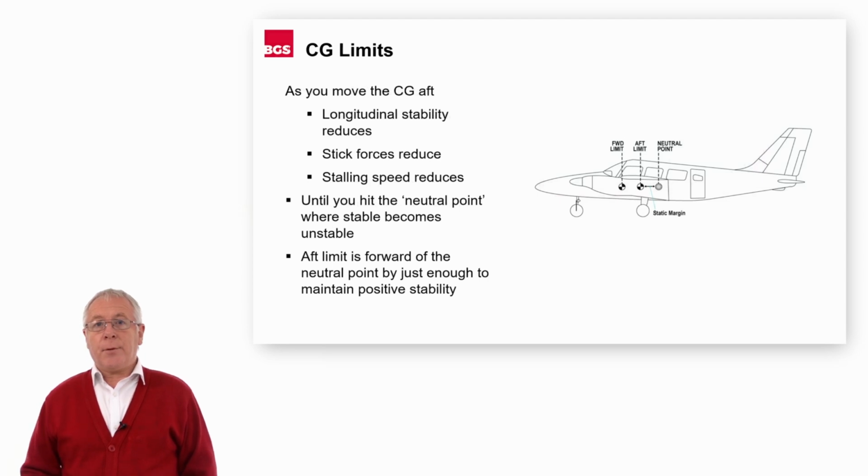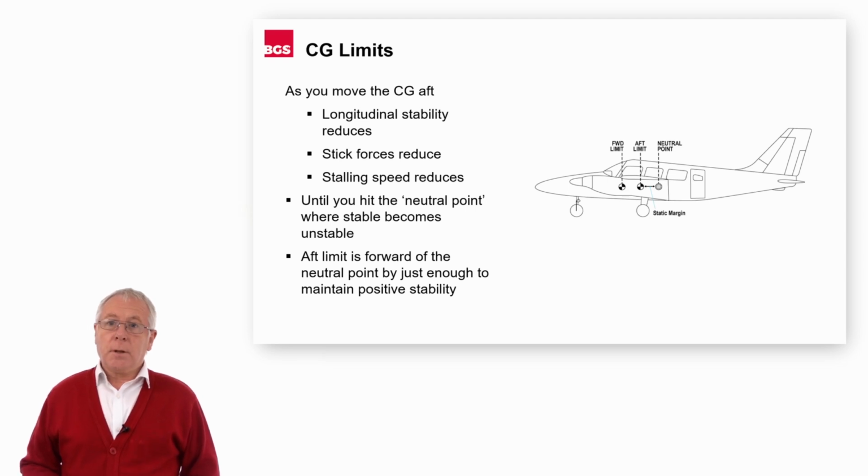The opposite happens if we move the centre of gravity aft. Now, the additional lift from a momentary nose up attitude here will cause the aircraft to pivot about a point behind the centre of lift, so the nose pitch up will continue, and this is negative stability, and aircraft are designed to avoid this situation.